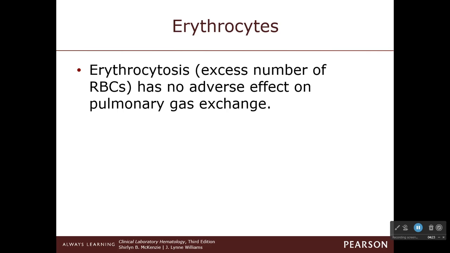So if you had a patient that had like a 7 or an 8 million RBC count, then they definitely have erythrocytosis, okay? We'll talk about later on, there is a hereditary disorder that's called hereditary hemochromatosis, and they have erythrocytosis. Hemochromatosis.